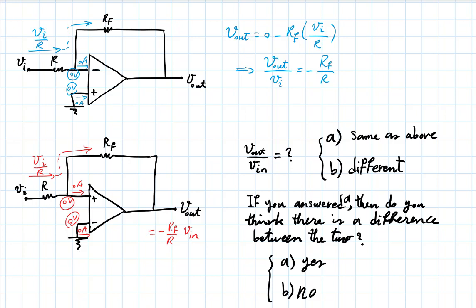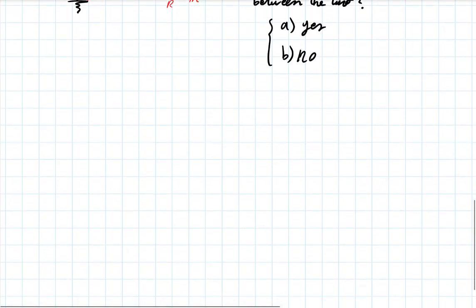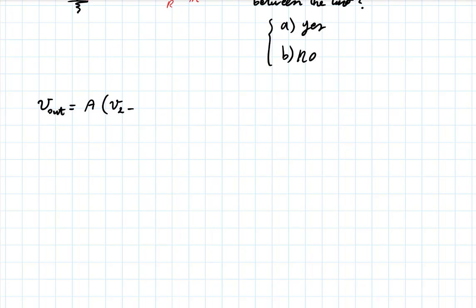But I used that to conclude that the two inputs are at the same voltage, right? How did I use that? Again, remember, if you call the two inputs V1 and V2, the output is A times the difference on the input. Now, granted, this is infinity.